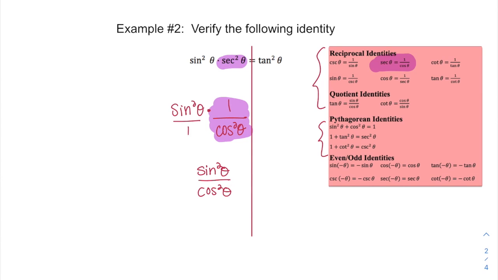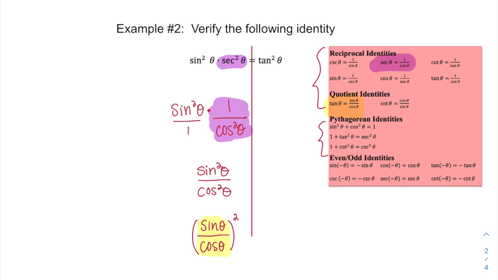Now that isn't anywhere in my box, but hopefully you can think of this from our time with exponents, and you would agree that sine squared theta over cosine squared theta is the same thing as sine over cosine, squared. And sine over cosine is in my chart over here. Sine over cosine is tangent.